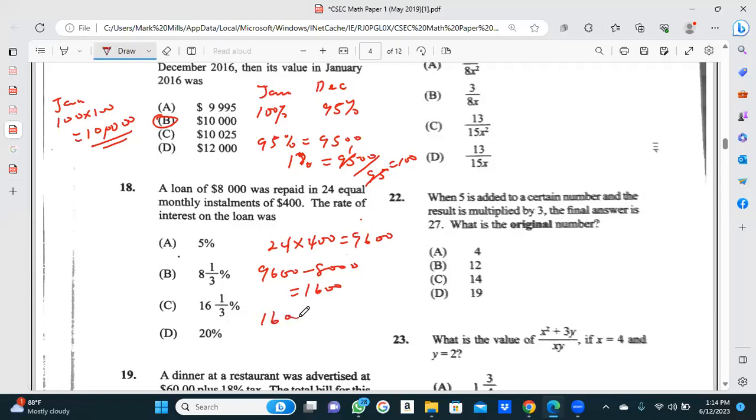So 1,600 divided by the original, which is 8,000, times 100 over 1. We cancel what we can, so this one will give me 2. We are left with 20%. That makes sense? Yes, sir.